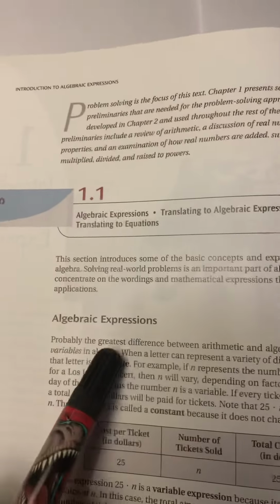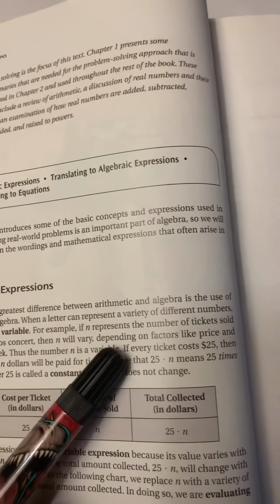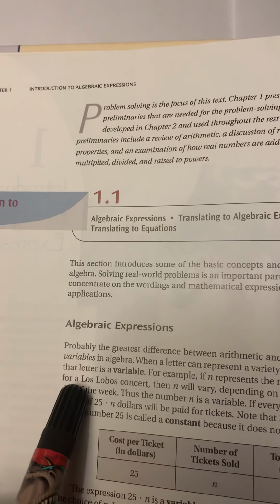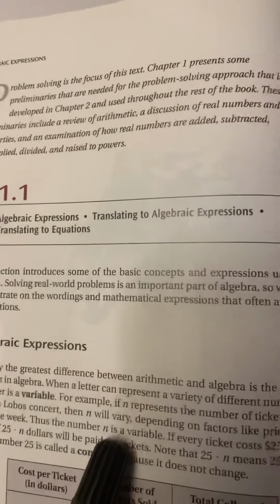So the variable here is N. For example, if N represents the number of tickets sold for a Los Lobos concert, then N will vary.